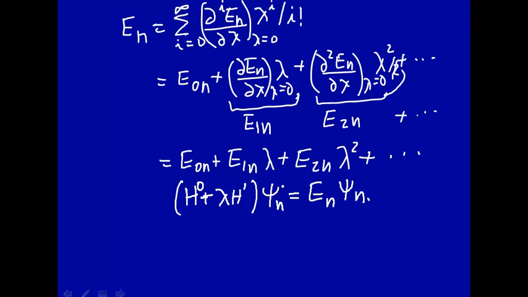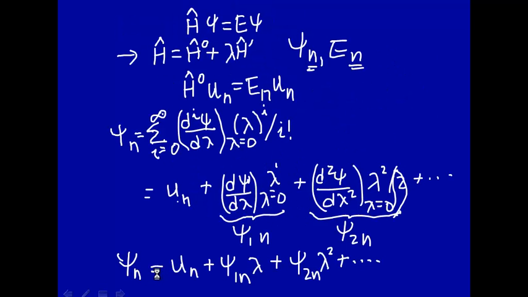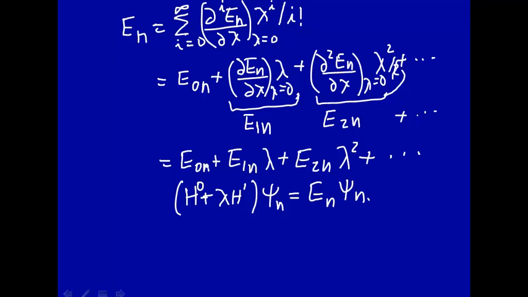All right, so let's go ahead and put in the expansions for psi n and for E. Let's write that over here: H0 plus lambda H prime, times psi.